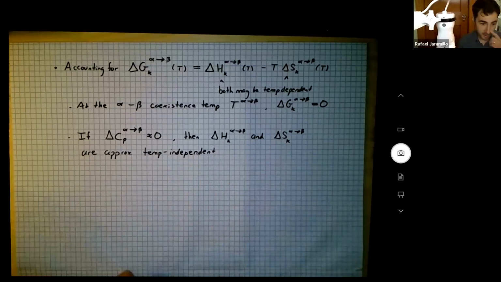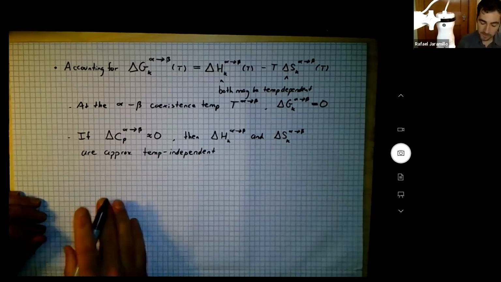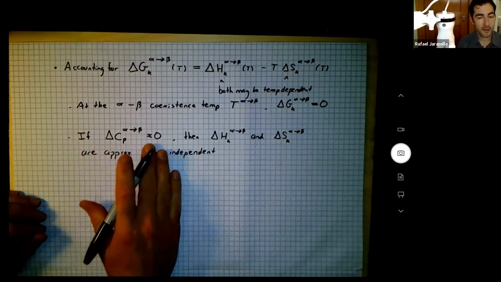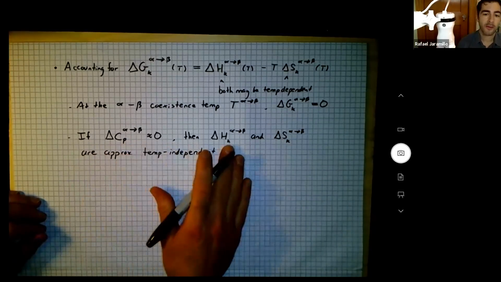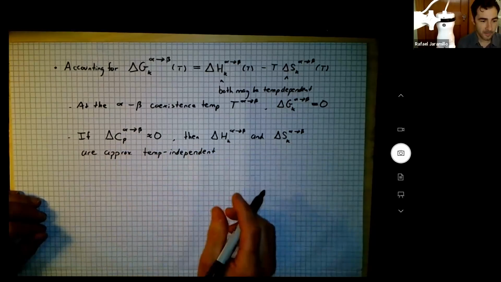So again, this is stuff from unitary phase diagrams we're recalling. In the case that the heat capacity difference is negligible, then you have approximately temperature independence of those things.